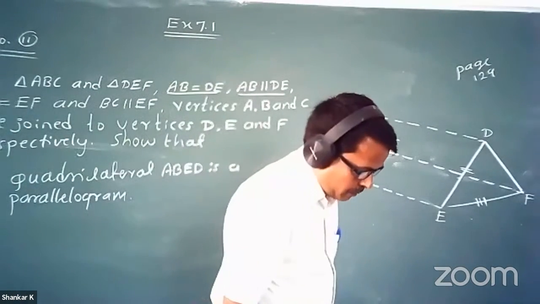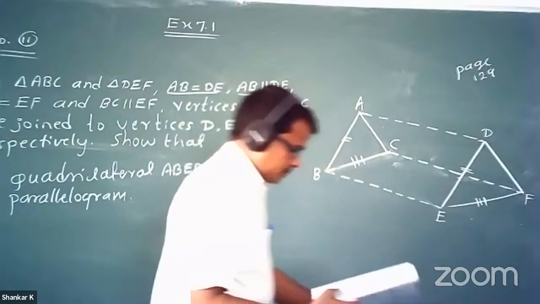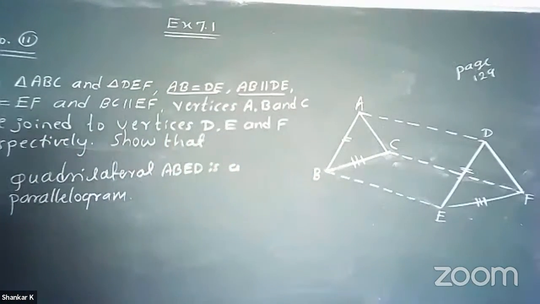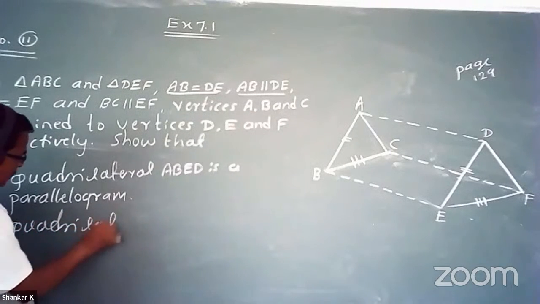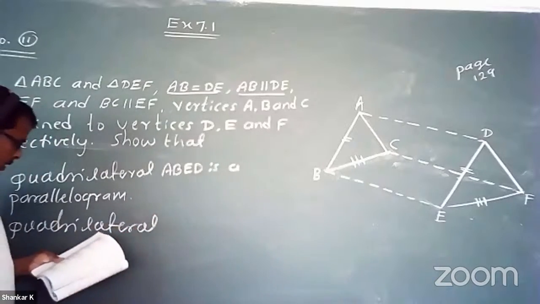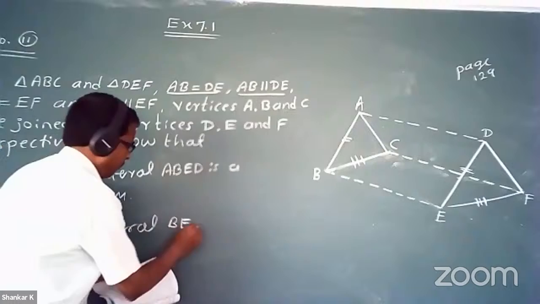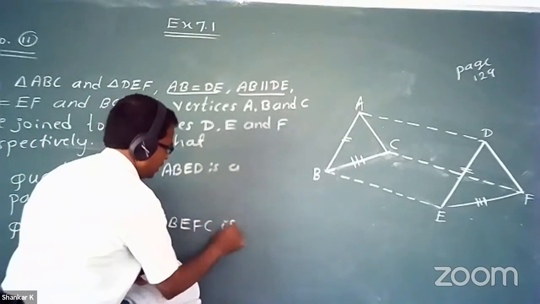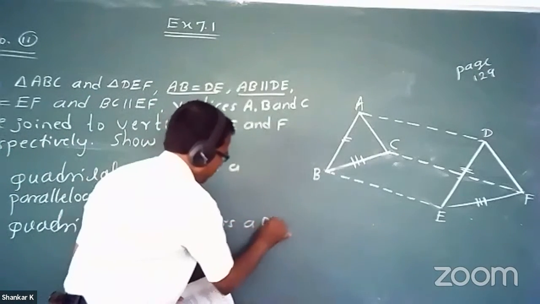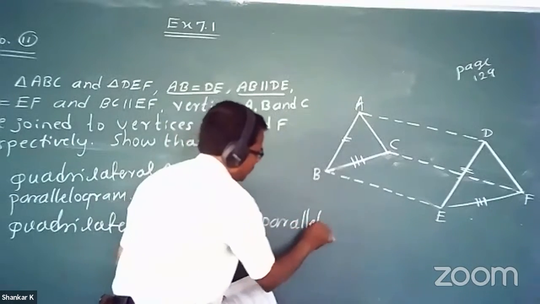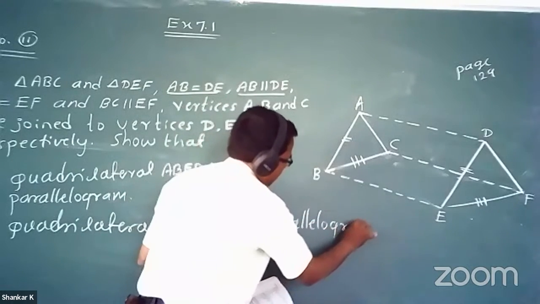Second question in that quadrilateral. Here, what is the option? Second question: quadrilateral BEFC is a parallelogram.